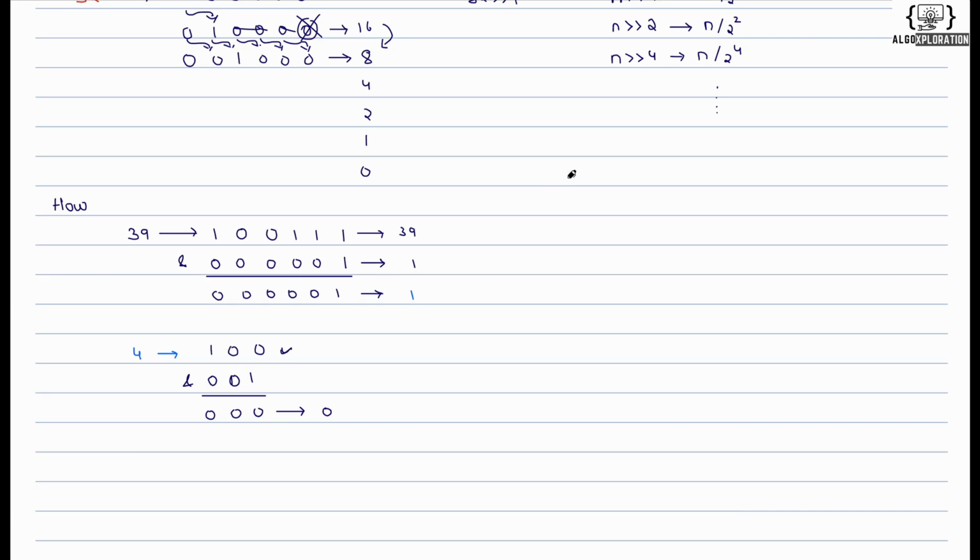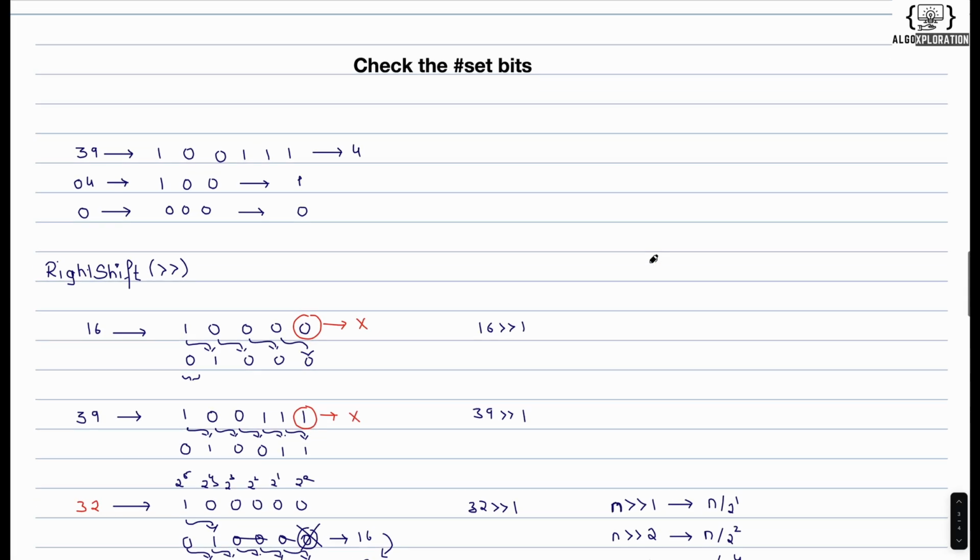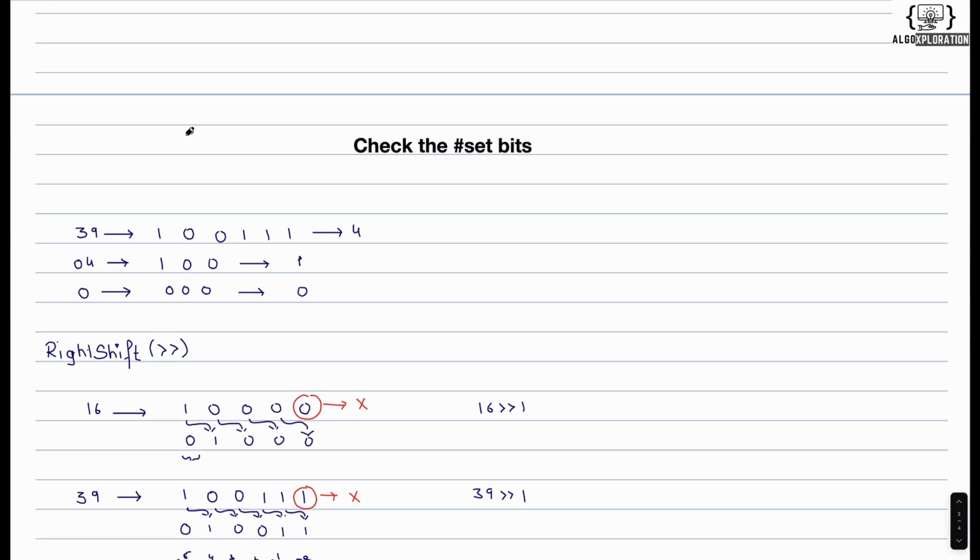Okay, so if n AND 1 is equal to 1, that means the last bit is 1, else it is 0. I hope you got this. Now using these two, one operator and one property, we will be able to solve this problem.